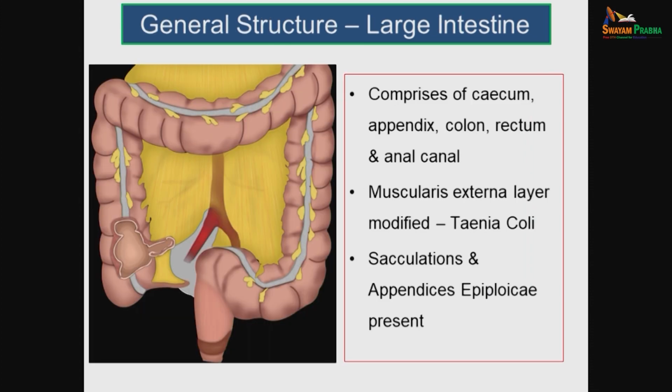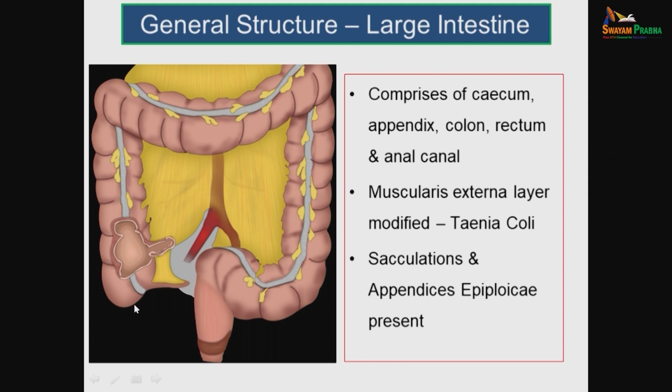Before we go into the microanatomical structure, let us have a brief overview of the general structure of the large intestine. This we know. This is the ileum, which is joining the large intestine, the terminal portion of the ileum.